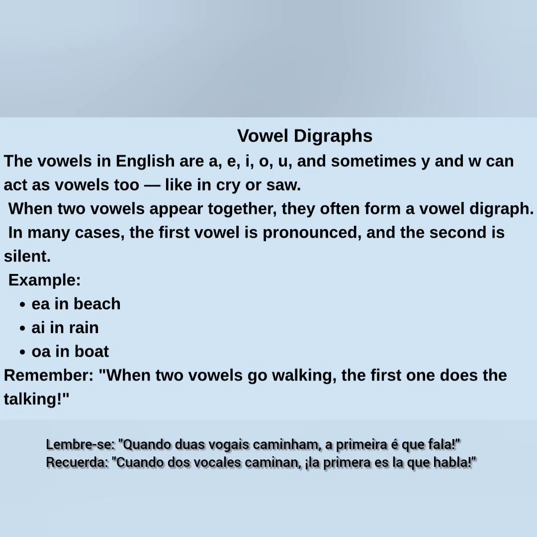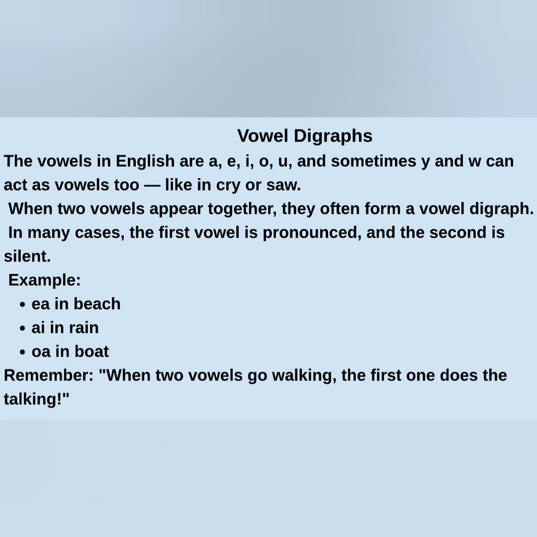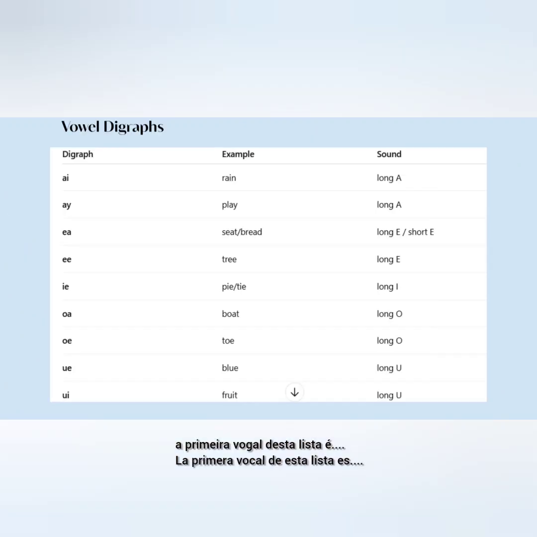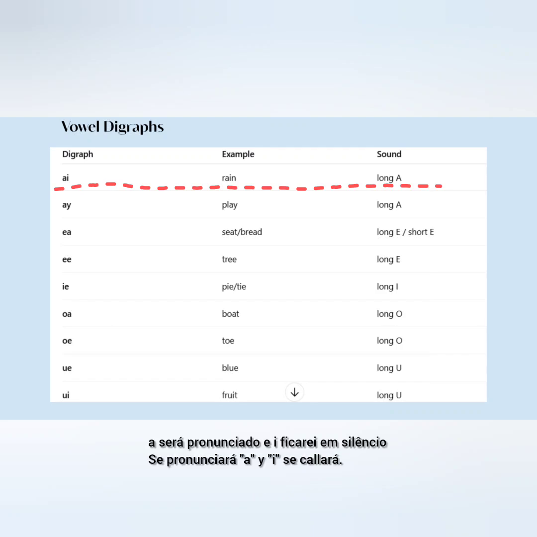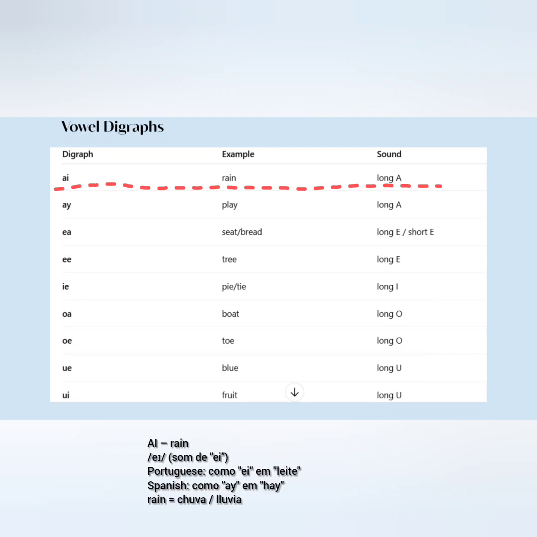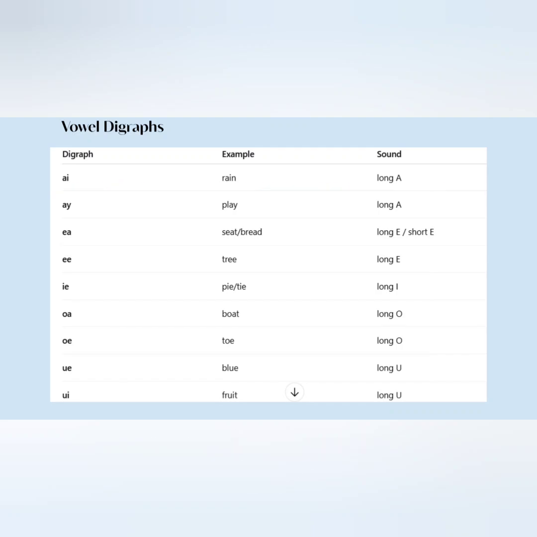Okay, so let's dive in. So the first vowel on this list is AI. So A. Why? Because A will be pronounced, I will be silent. So A, rain.